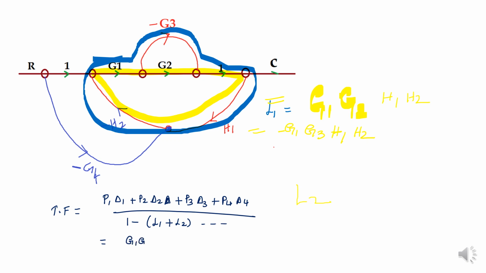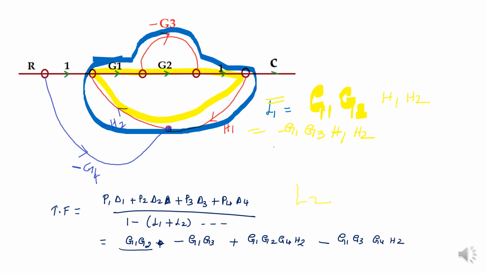G1, G2. What is delta 1? All the loops are touching in this forward path, so 1. Plus P2. P2 is minus G1, G3. And P3 is a forward path, G4, H2, G1, G2. And the next one is G1 minus G1, G3, G4, H2.